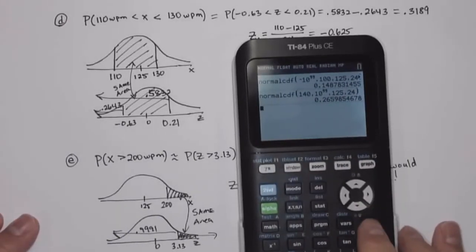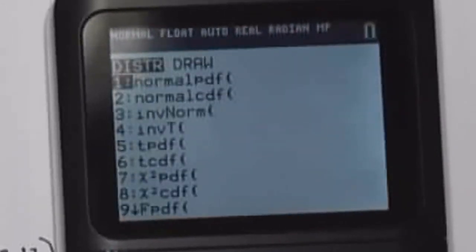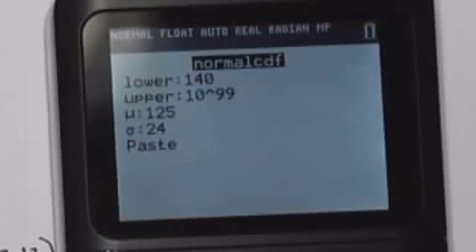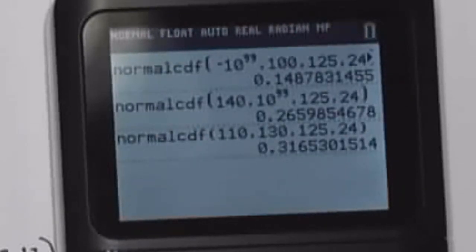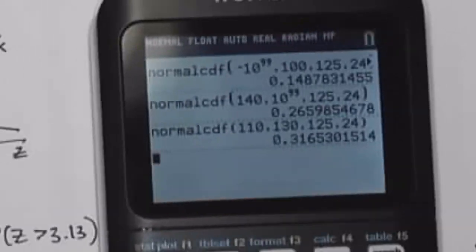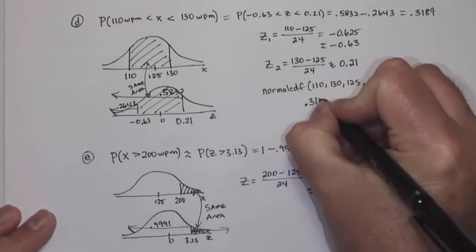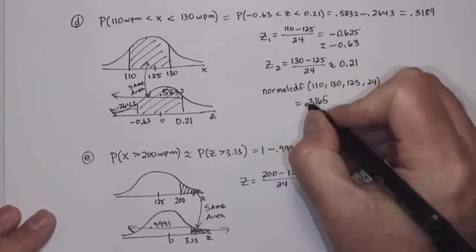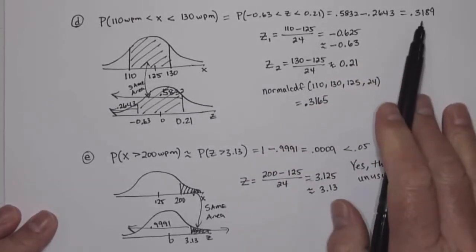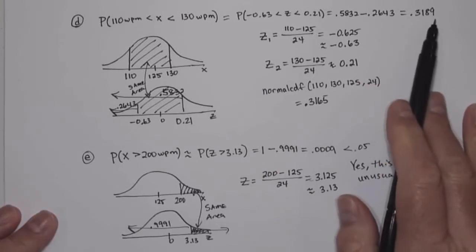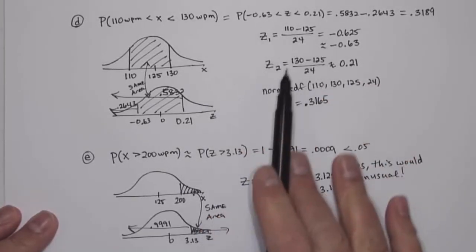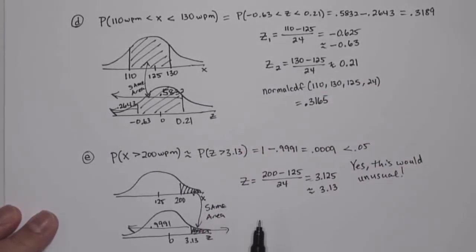So typing that in my calculator, so normal CDF, we have a left bound of 110, a right bound of 130, a mean of 125, a standard deviation of 24, and so that gives us the result of 0.3165. Again, previously we got 0.3189, which is off a little bit because we had to round our z-scores. This is actually a more accurate answer.